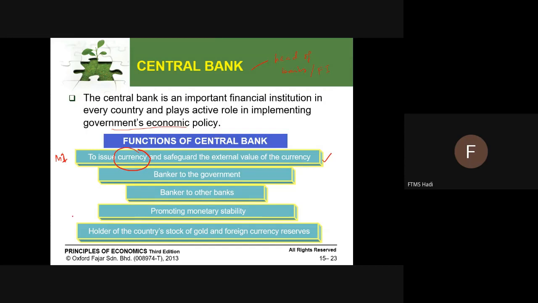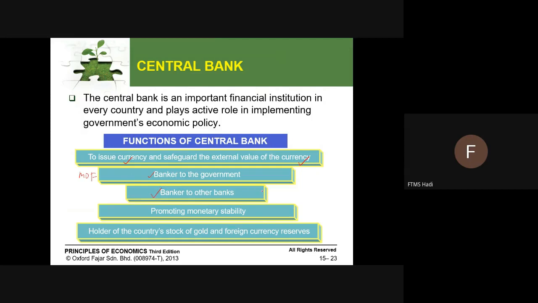So again, one of the main functions of the central bank is to ensure that they can issue currency, which is paper fiat money, M1, and they need to take care of the currency value of the country. The second one, banker to the government. Because the central bank is under the Ministry of Finance, they are also an advisor to the government regarding banking transactions and so on.